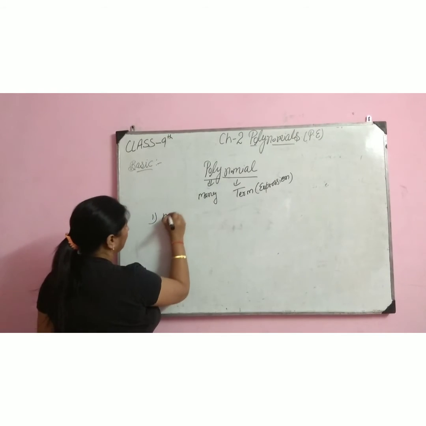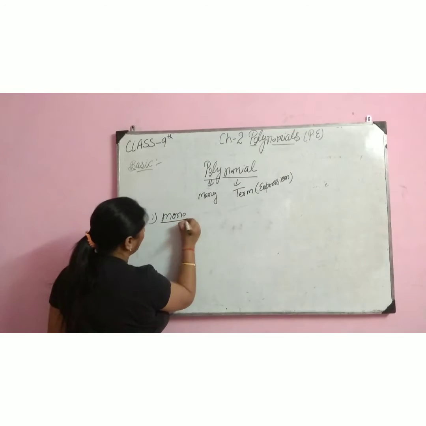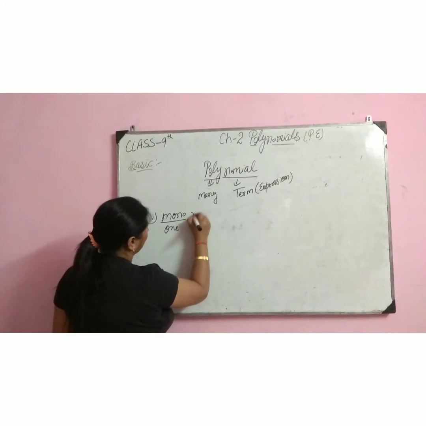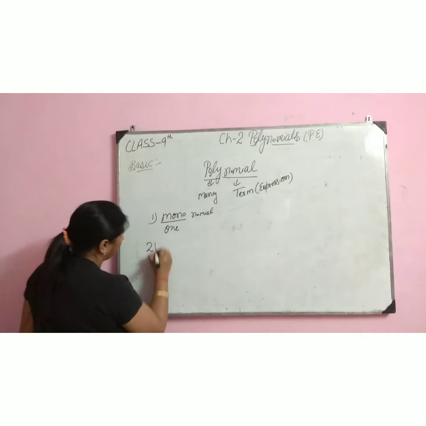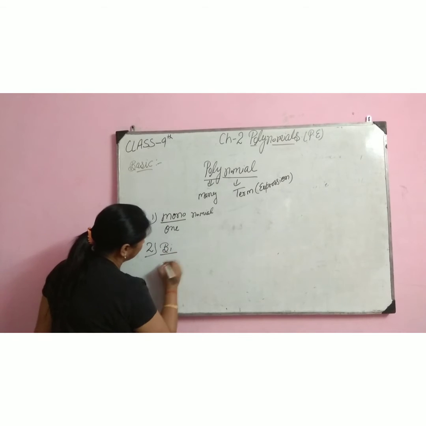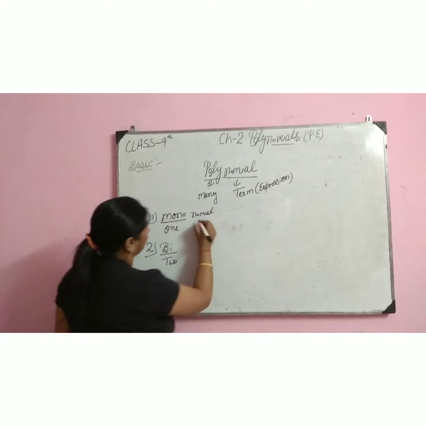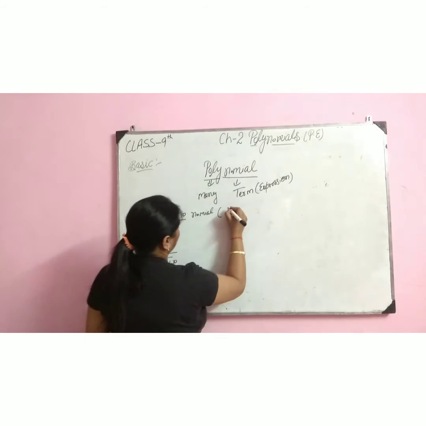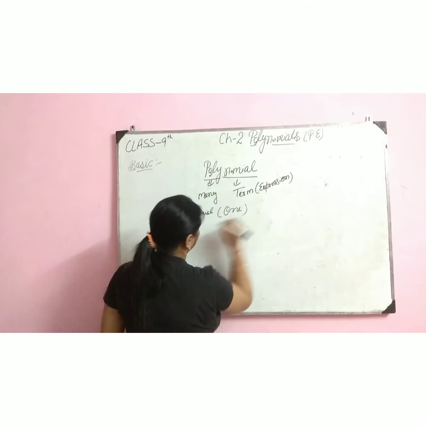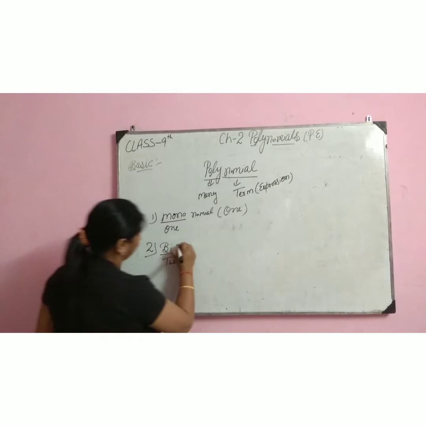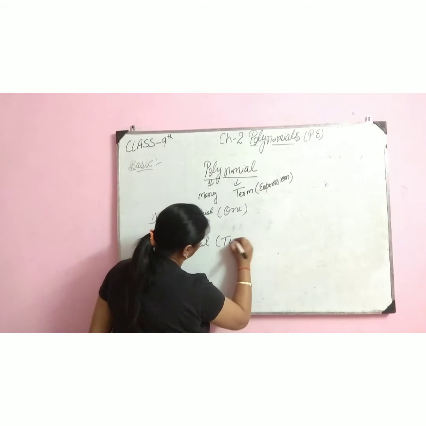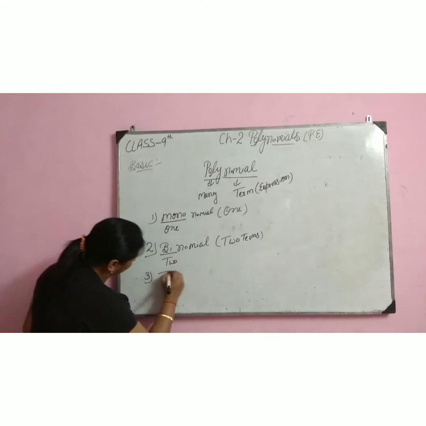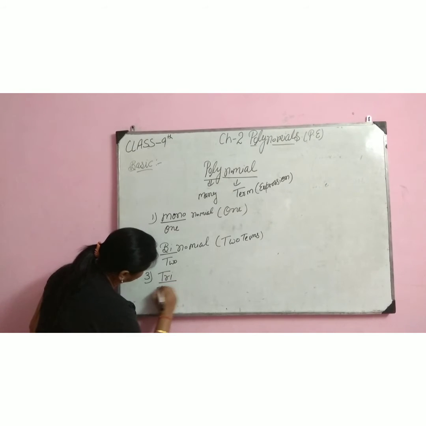One is monomial: mono means one term. Binomial: bi means two terms. And trinomial: tri means three terms.